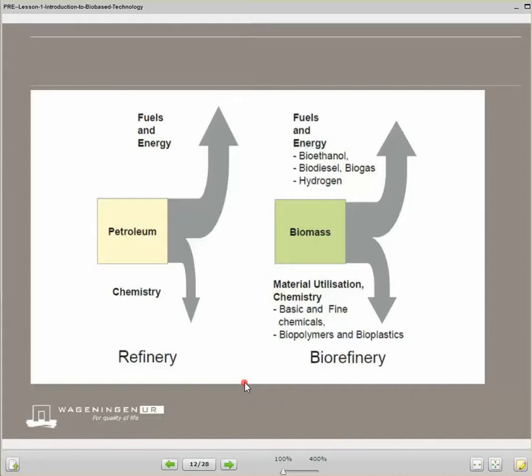So, a normal refinery: petroleum goes in, and then you have two splits, either fuels and energy, or chemistry. You may not know, but you can make a lot with petroleum, not just petrol that you put in your car, but also lots of pharmaceuticals and plastics.